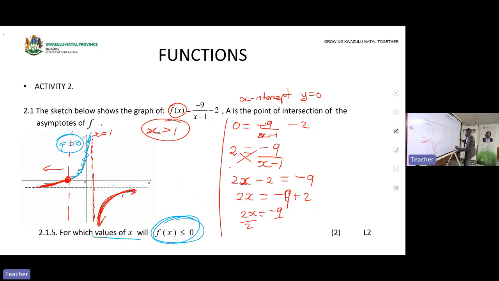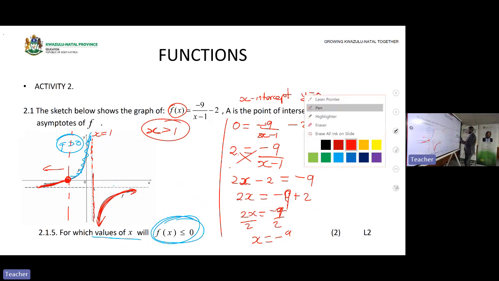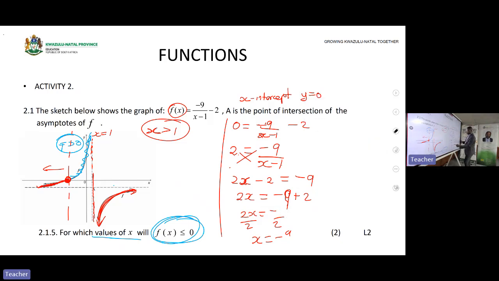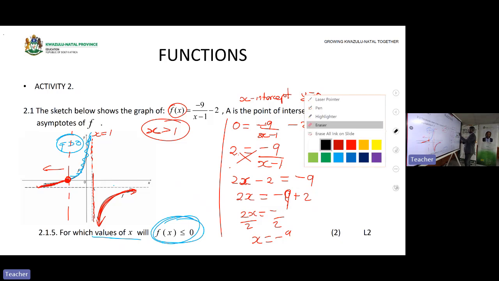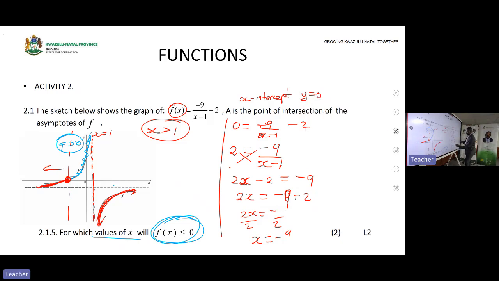Then we divide by 2 on both sides, then x will be equals to negative 7. Sorry, it should be negative 7, not negative 9. It should be negative 7 over 2, which we said is negative 3,5. So it means the value here is negative 3,5.